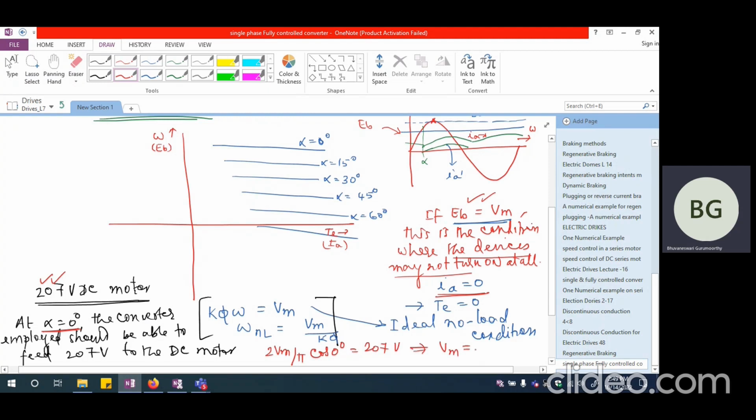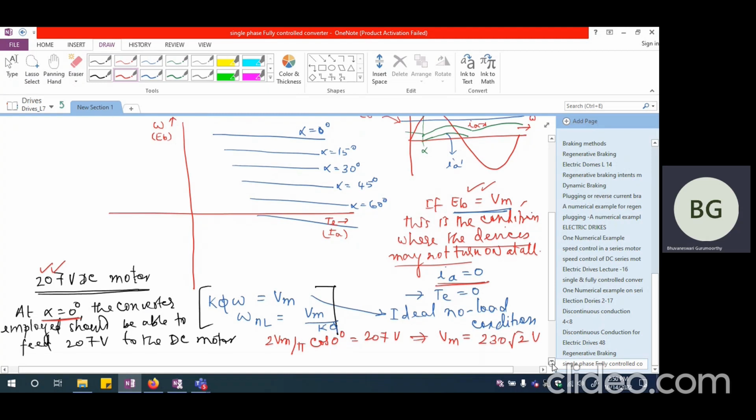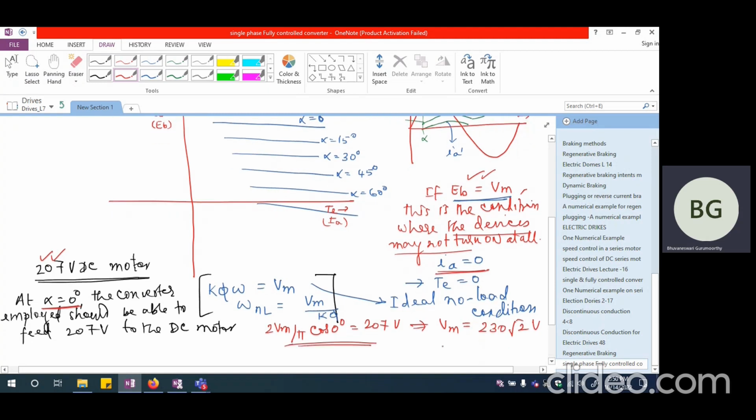So Vrms for this particular case happens to be 207 divided by 0.9. So that comes out to be 230 volts. So Vm will be 230 multiplied by root 2 volts, which gives Vm to be 325 volts.